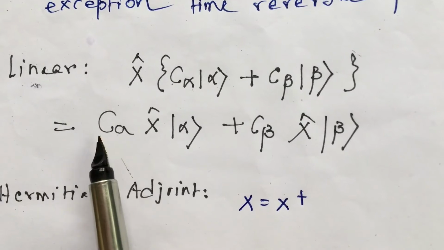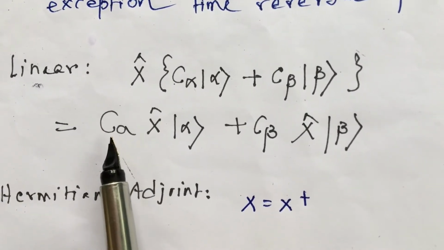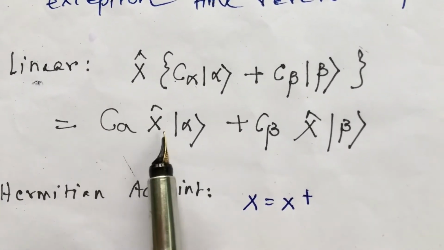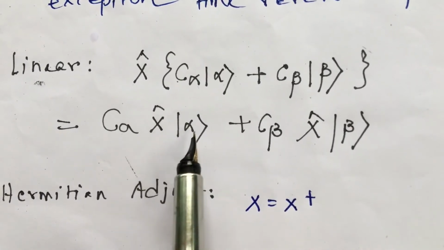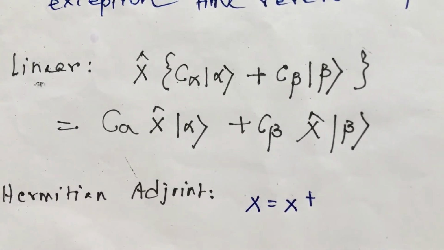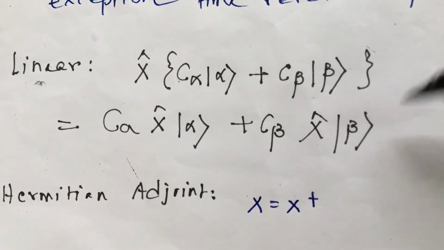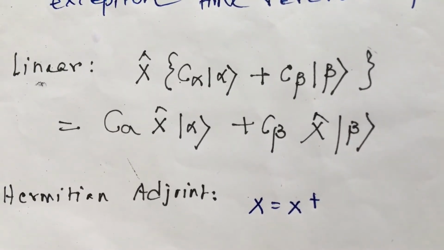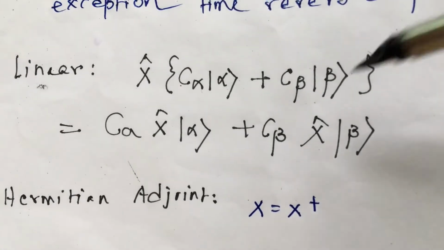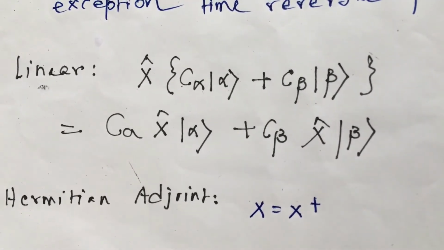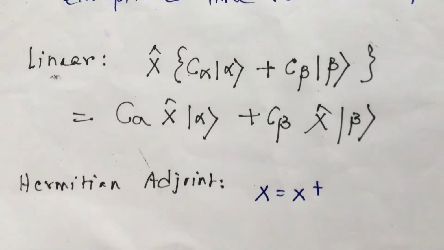So we can take this coefficient C alpha out, and the operator will be acting on the ket vector only. Similarly here, the x operator operates only on the beta ket vector, but the coefficient C beta remains unaffected.